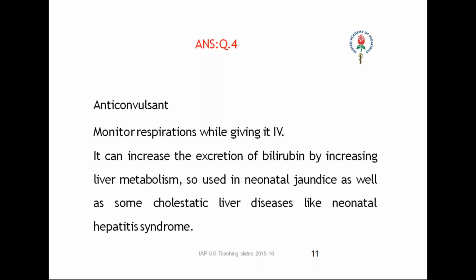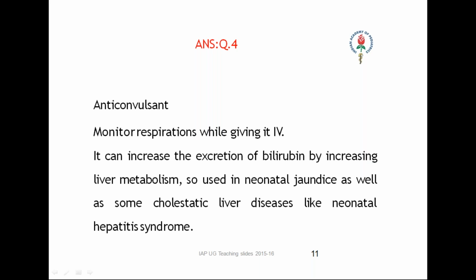Phenobarbitone is a potential enzyme inducer, so it is used in treatment of hyperbilirubinemia. In older children, apart from this, we can even use it in some simple febrile convulsions and even Sydenham chorea.